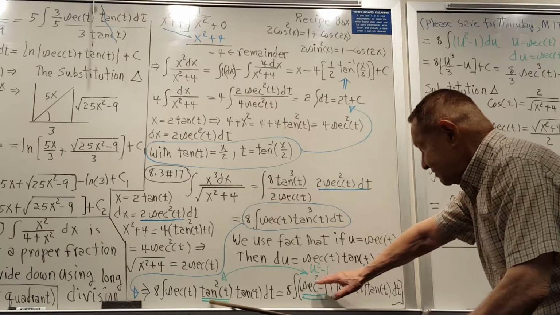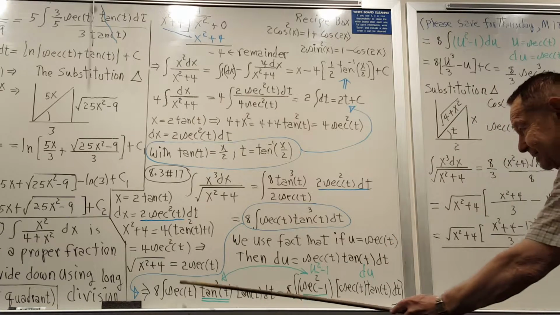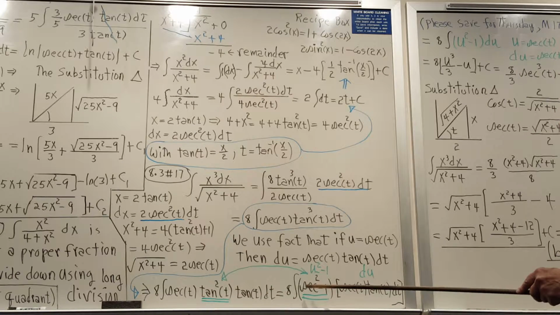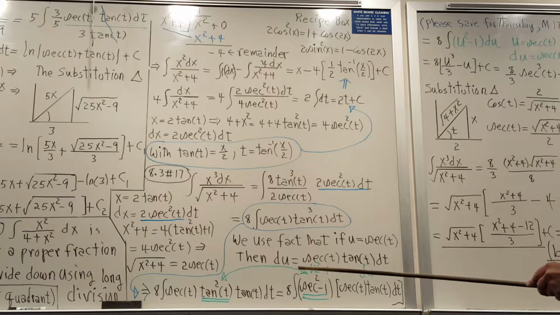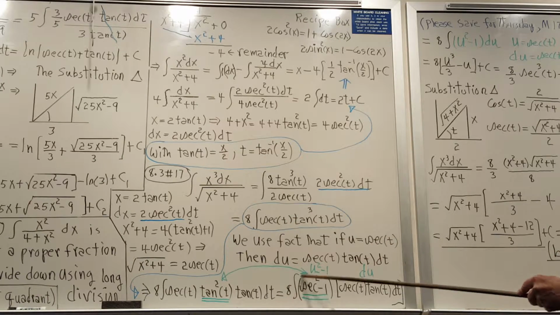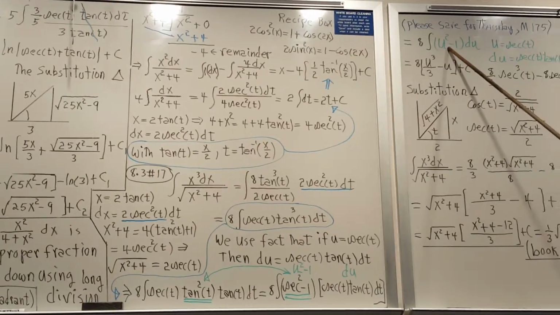My tangent square is secant square minus 1. My secant is here, and I put it with the tangent, because if u is secant, so this is u squared minus 1, secant tangent dt is du. So finally my integral here is 8 times u squared minus 1, all this is du, which I wrote up here.